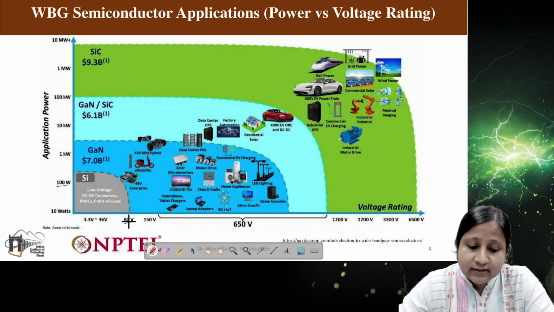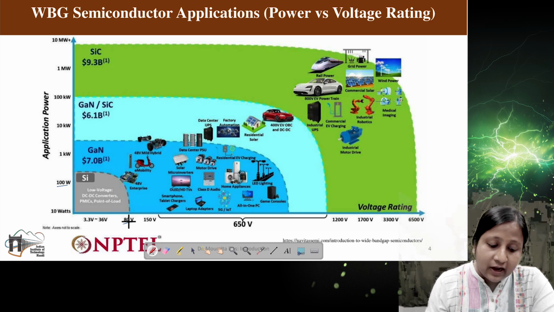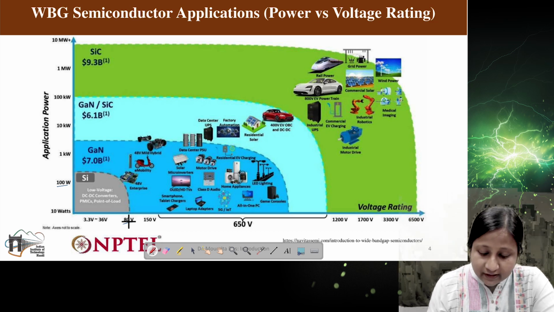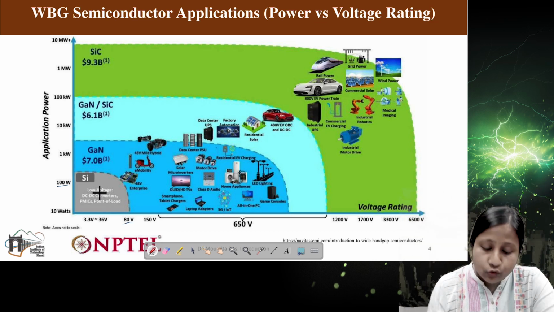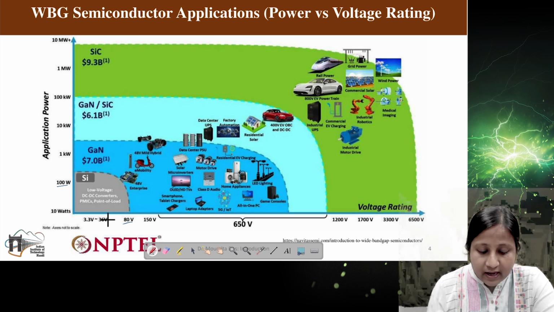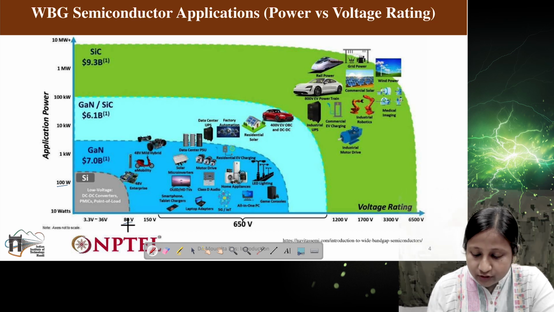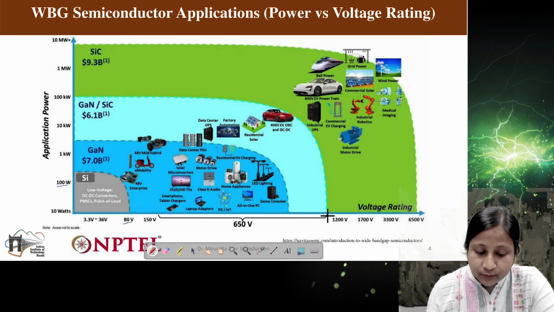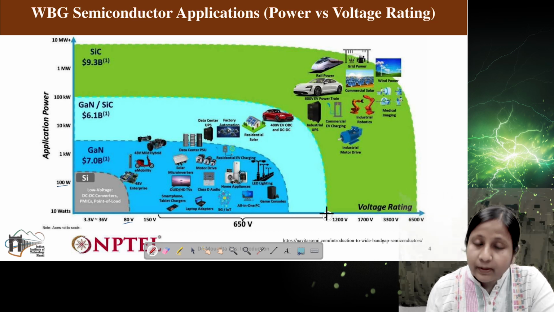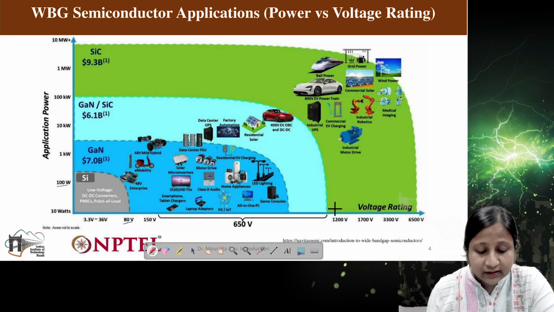Considering those factors, this graph shows that silicon will be limited to low power, low voltage levels, and for voltages higher than 80 volts up to 650 volts, the applications will mainly use GaN devices.